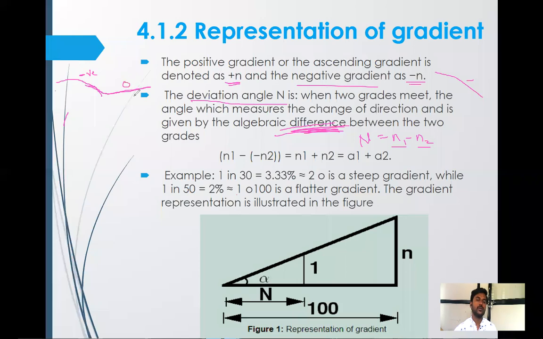The second gradient is 0 as it is a straight line. So what will be N? Capital N is equal to N1 minus N2. N1 here is negative, minus n, minus N2 which is 0. So finally it becomes minus n only. Like this we are calculating the deviation angle, just by the algebraic difference.